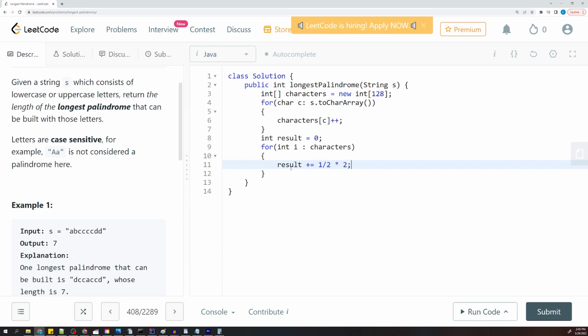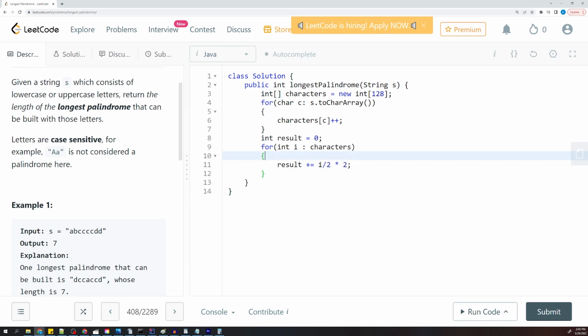Okay, so basically if i is 4, we're going to say 4 divided by 2, which is 2, times 2 gives us the original 4. And so we're going to add that to the result because that's part of our palindrome.